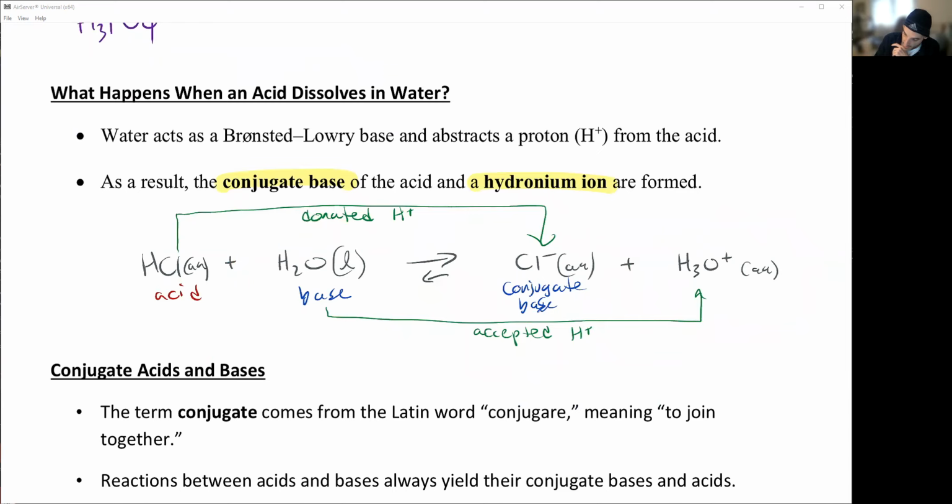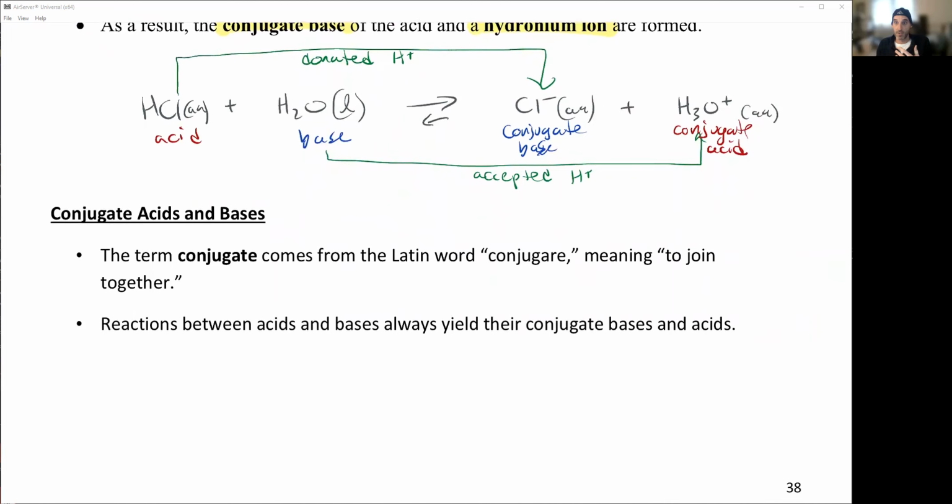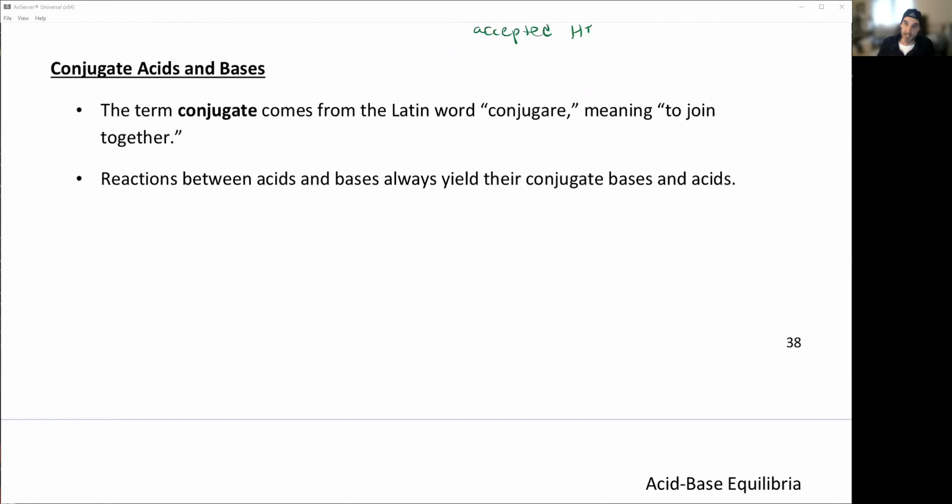So on the other side of this, if H2O is a base, H3O is going to be the conjugate acid. These are what we call conjugate acid-base pairs. These are going to be important, really important when we start to look at buffers. So these are known as conjugate acid-base pairs. So the term conjugate comes from Latin, to join together. Reactions between acids and bases always yield their conjugate acid-base pairs.